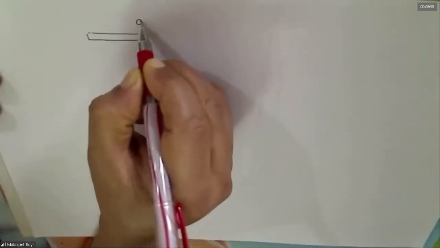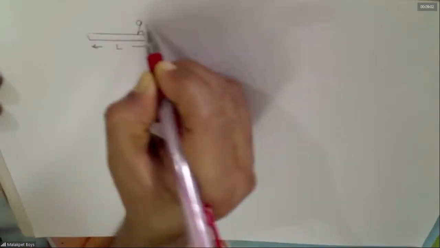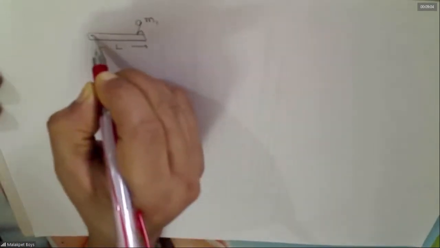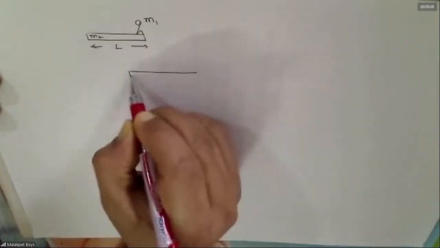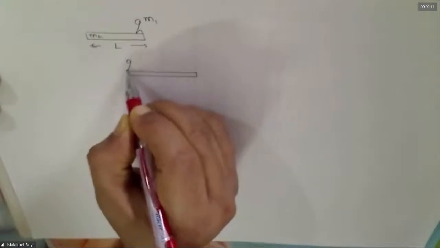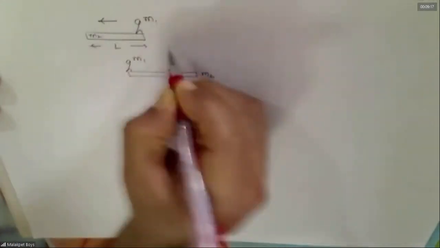In case of that wedge, let us analyze this. Suppose this fellow is M1, the plank is M2. When the person comes over here, you can see this fellow moves like this fellow.